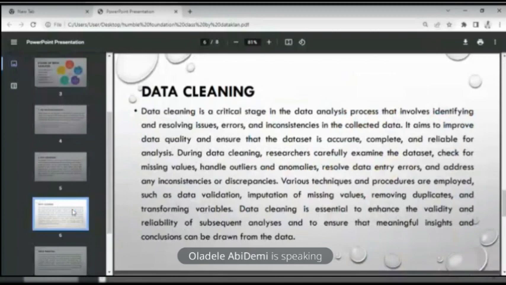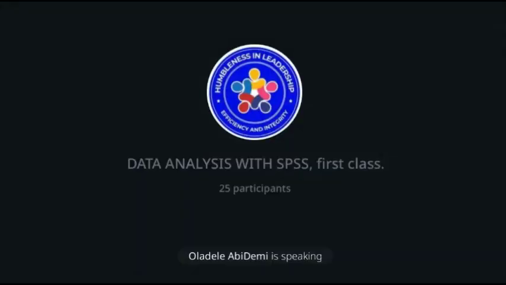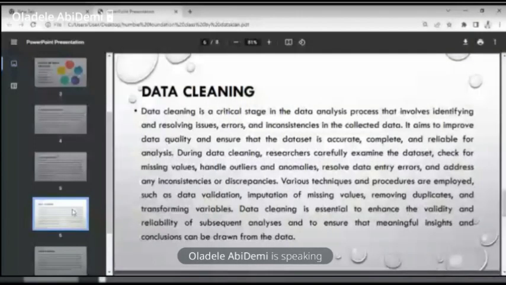Now, most of the time when we collect data, the data is almost structureless. Data has no meaning. The data might contain missing values. You might have, in fact, a lot of things. Now, it is this stage that you deal with those abnormalities. Data cleaning is a critical stage in the data analysis process that involves identifying and resolving issues, errors, and inconsistencies in the data.